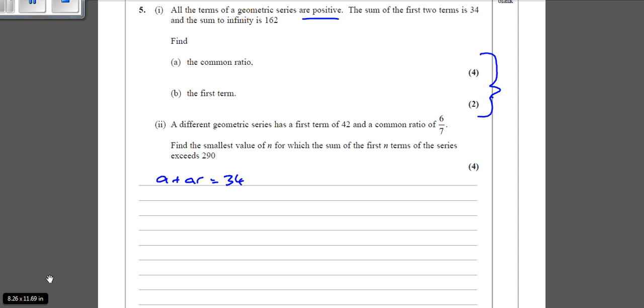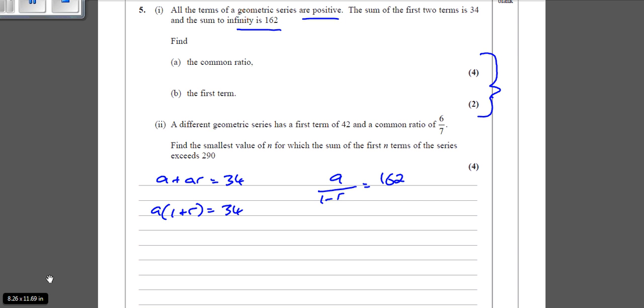And then the sum to infinity is 162. So that's going to be a over 1 minus r equals 162. And now what we've got is two equations which we can solve simultaneously. So if we factorise out a for the first one, it's going to be a(1 + r) equals 34.